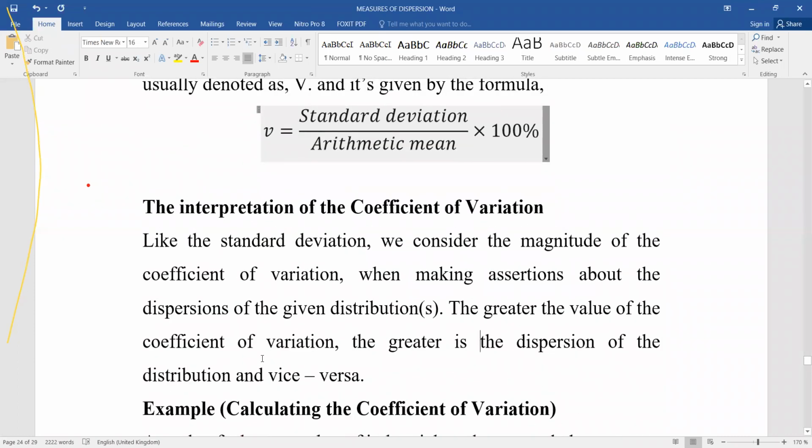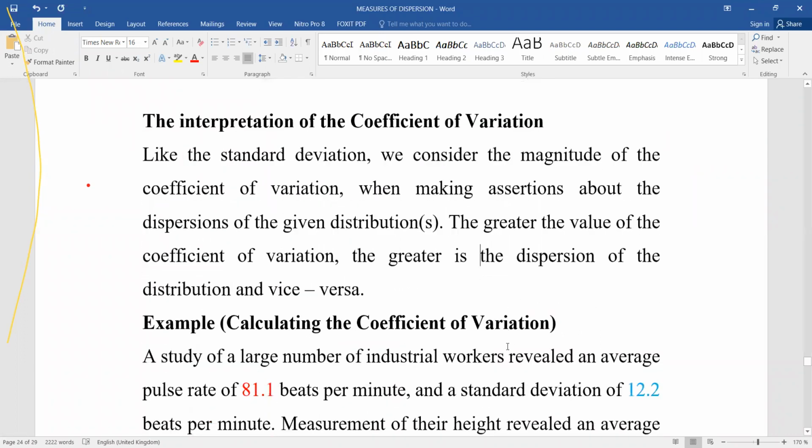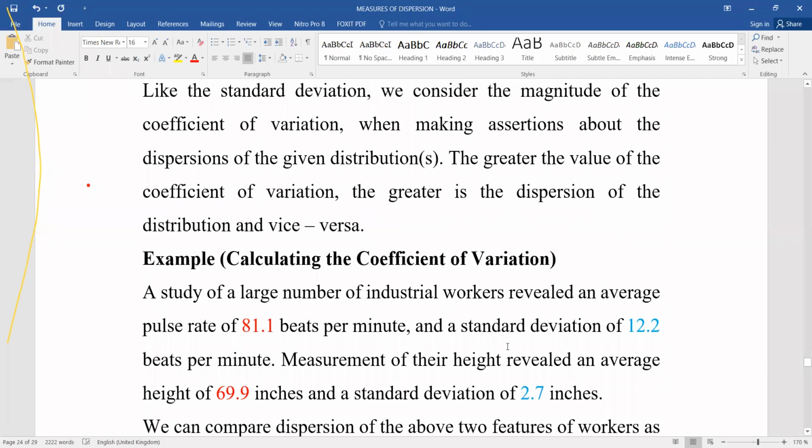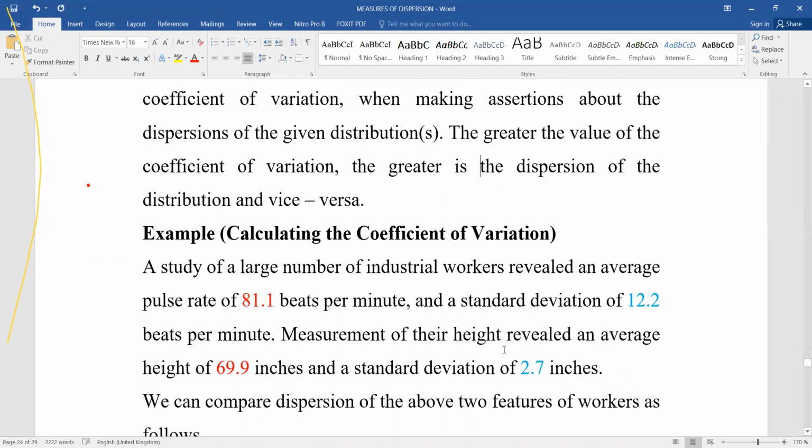Like standard deviation, we consider the magnitude of the coefficient of variation when making assertions about the dispersion of a given distribution. The greater the value of the coefficient of variation, the greater is the dispersion of the distribution and vice versa. So we just get two values, the standard deviation and the arithmetic mean, and we multiply by 100.